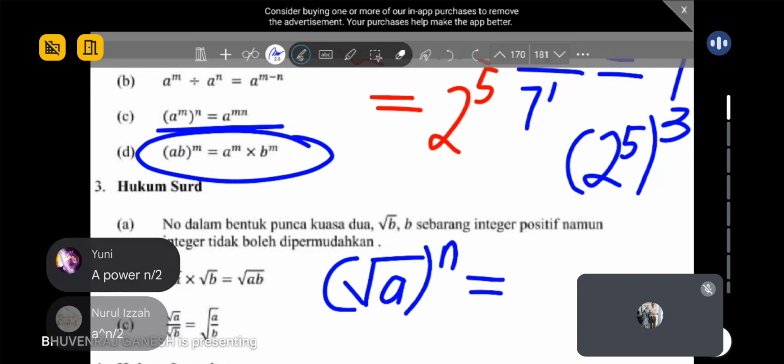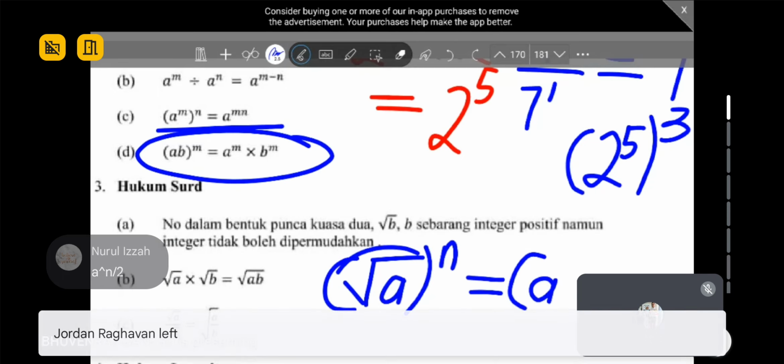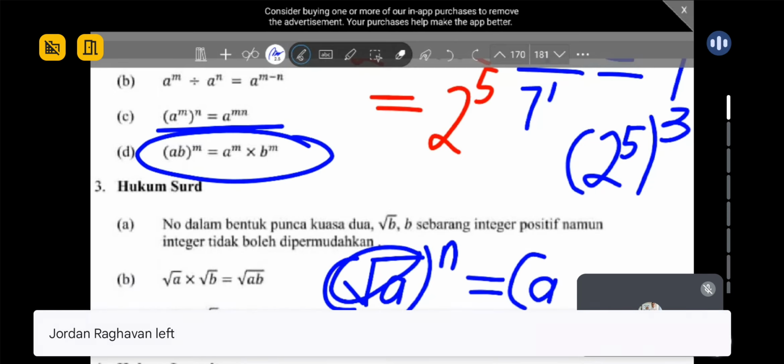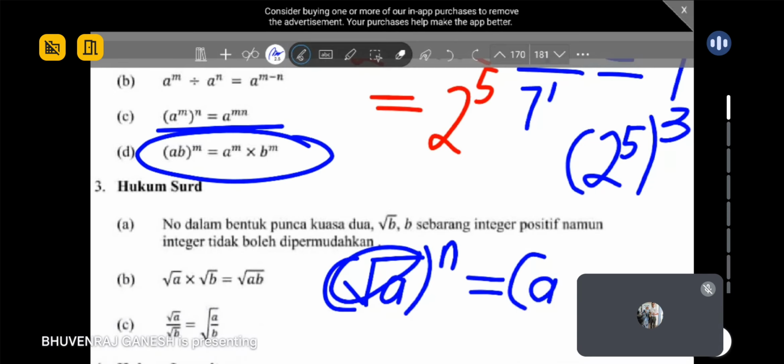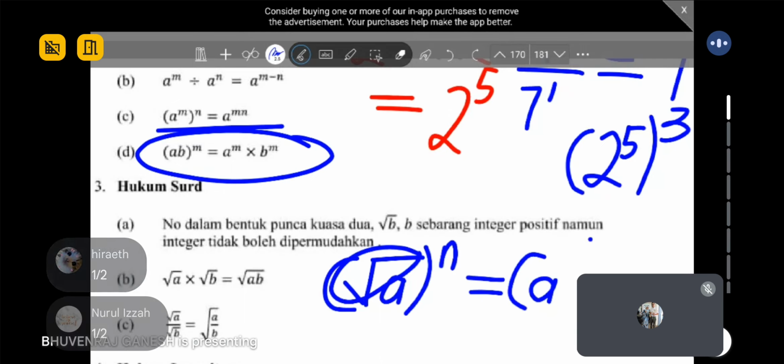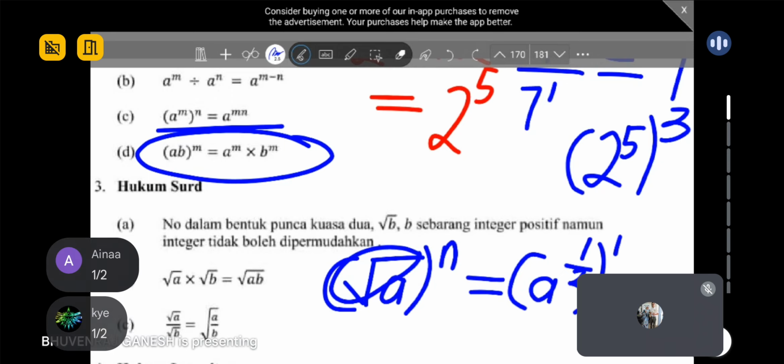Over here you need to know surds and also indices. First part, surds. What is the power of this symbol? Yes, power 1/2. This is surds, guys. You get this from your surd knowledge.